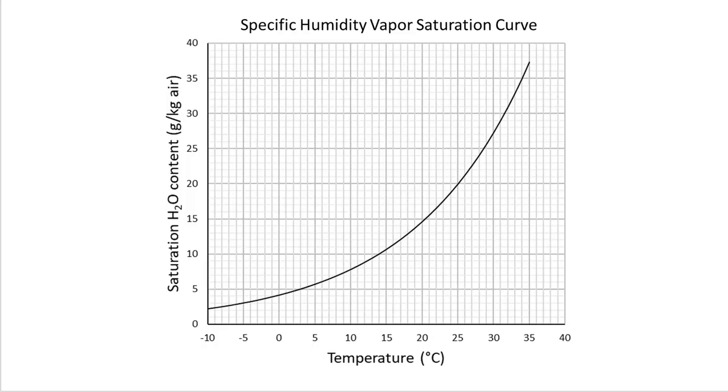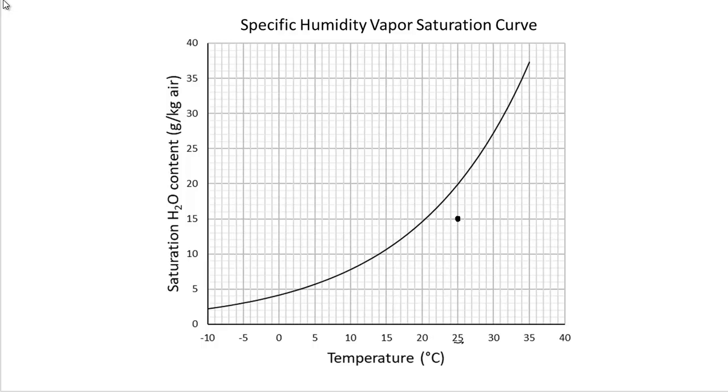So let's think about what happens if we start with, let's just pick an air mass. Here's a point, and any air mass can be plotted on this diagram as a point. So let's say I pick an air mass right there. This air mass has the two properties given by the axes. It's at a temperature of 25 degrees, and it has a specific humidity of 15 grams of water vapor per kilogram of air.